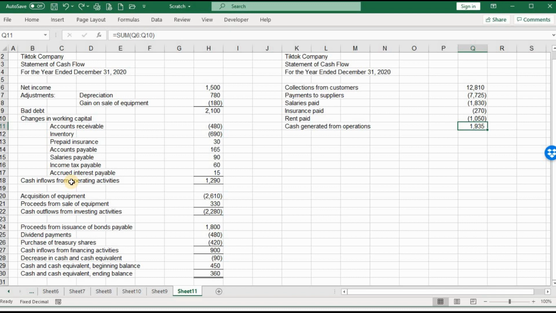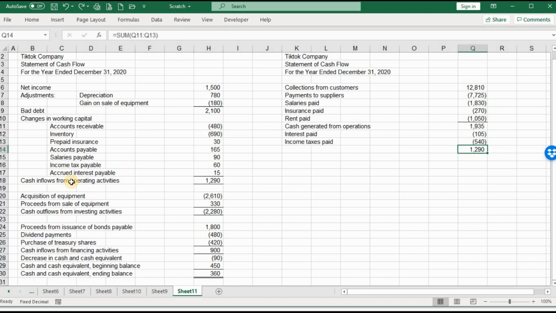So there are two remaining cash transactions under the operating activities that are not part of the cash generated from operations. And these are the interest paid for 105 pesos and income taxes paid for 540 pesos.